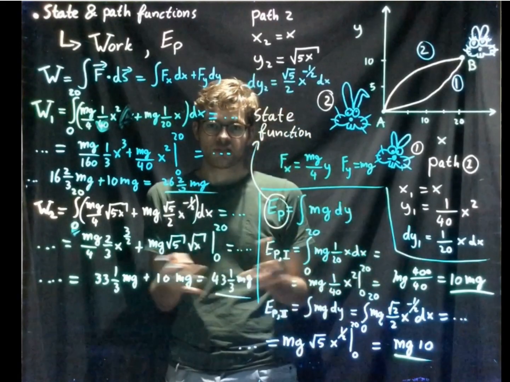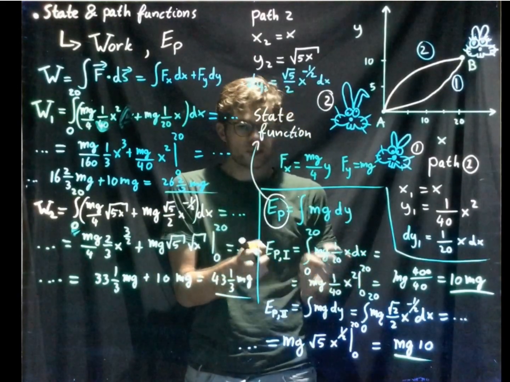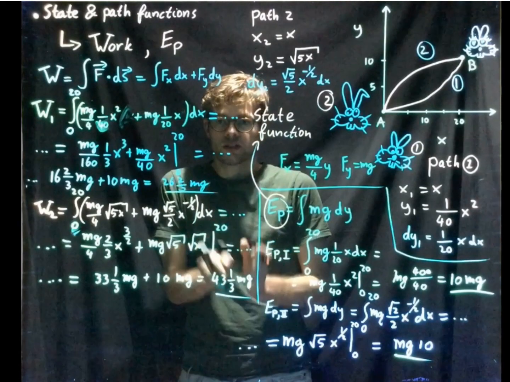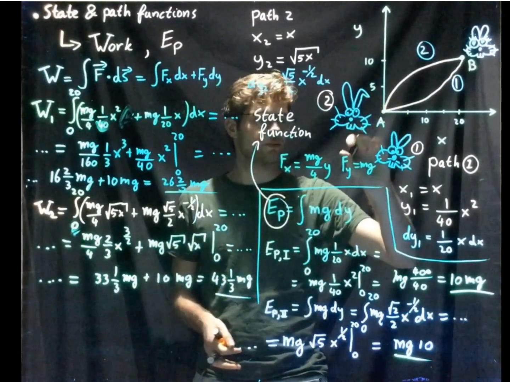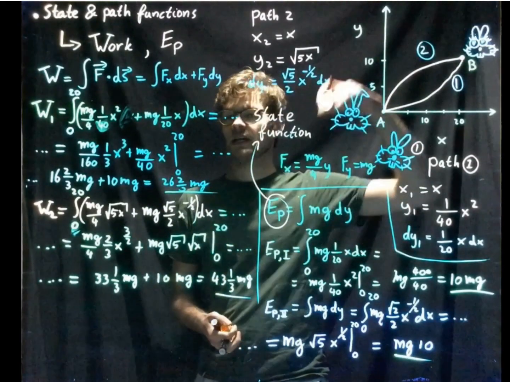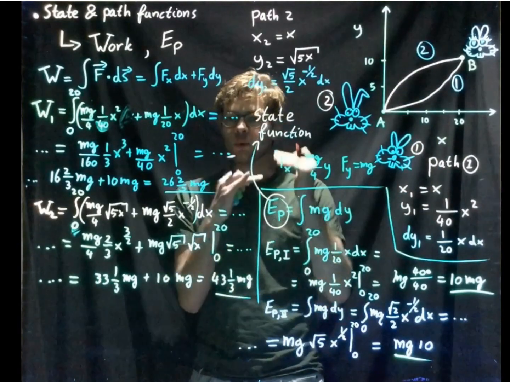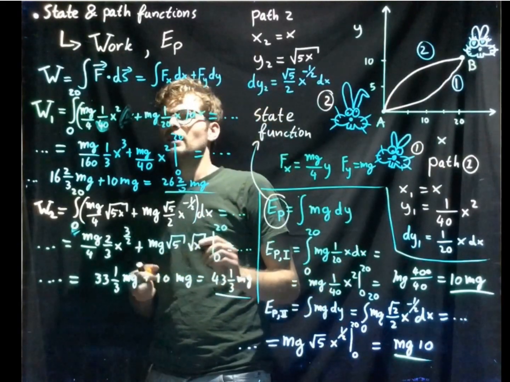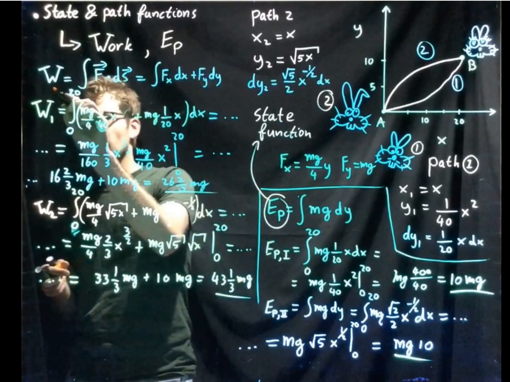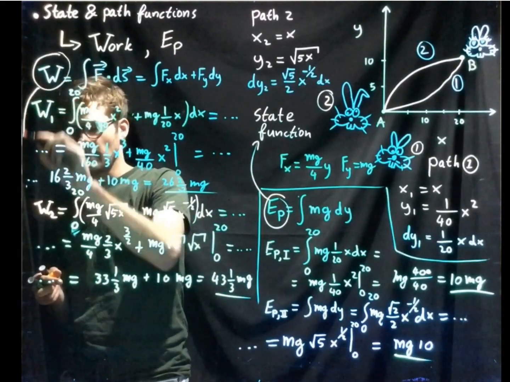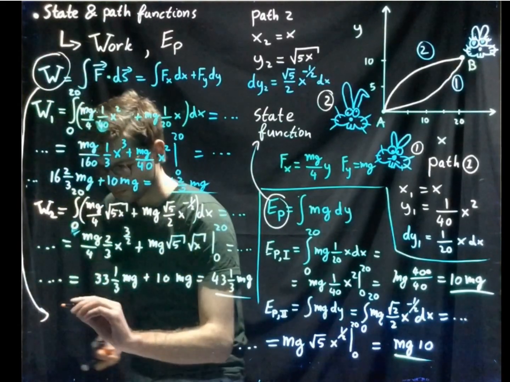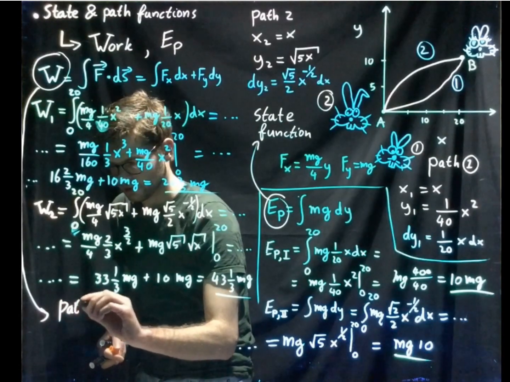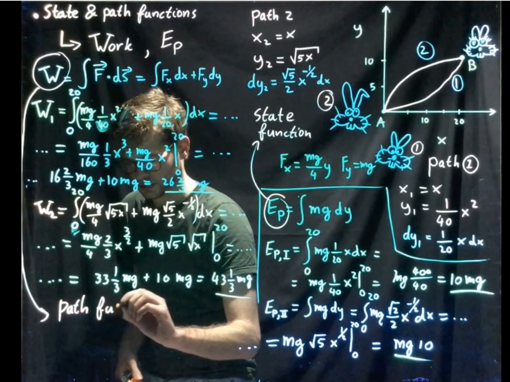And a state function is a function which is only dependent on the current state. So state A, location A, and state B, location B. And it doesn't matter what happens in between. Whereas the work is a path function.